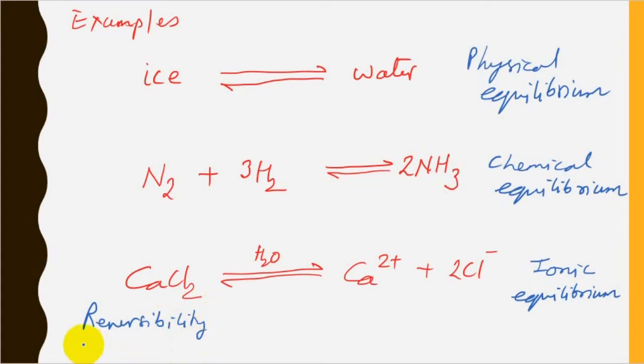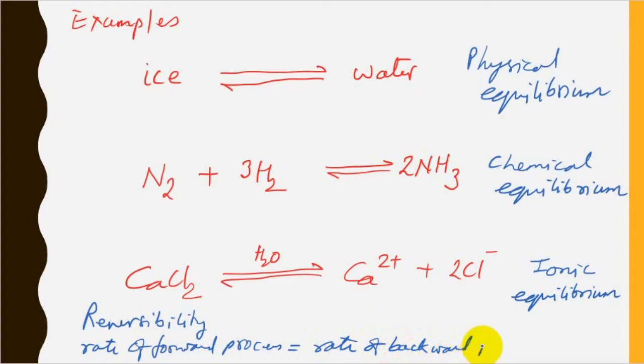And the second thing, rate of forward process should be equal to rate of backward process. So forward and backward process, the rate has to be equal.